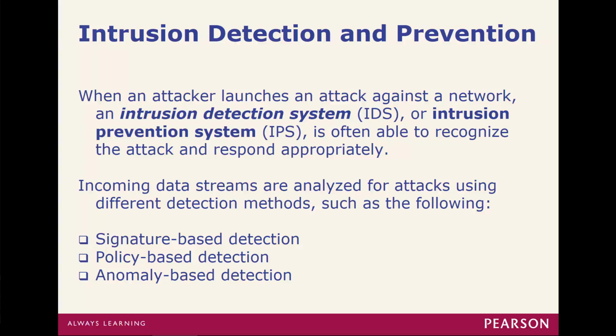They're passive. Normally, these devices will look at the incoming data streams and analyze the attack using different methodologies. They may look for signatures, for policy-based detection, or just for abnormal traffic. So these devices could know what's normal and what's not normal, and anything not normal may set off an alarm.